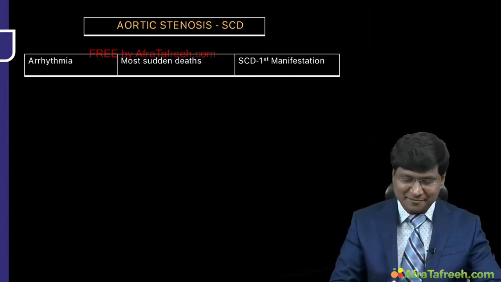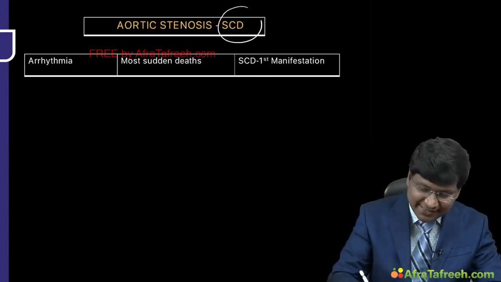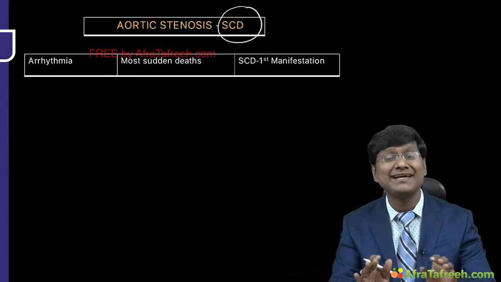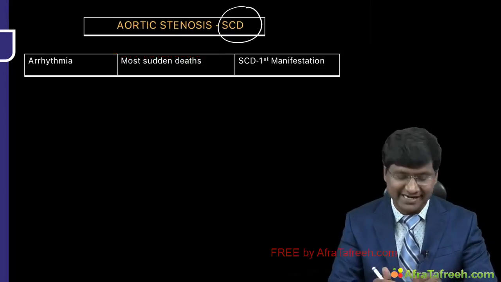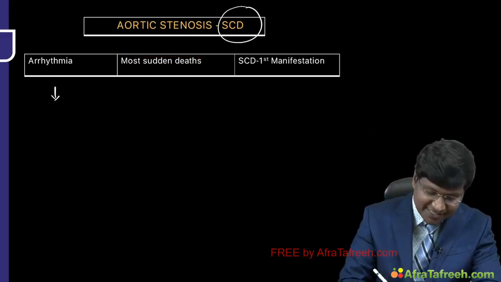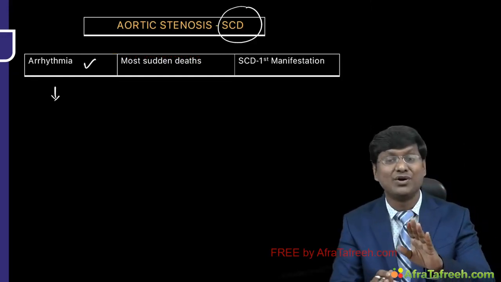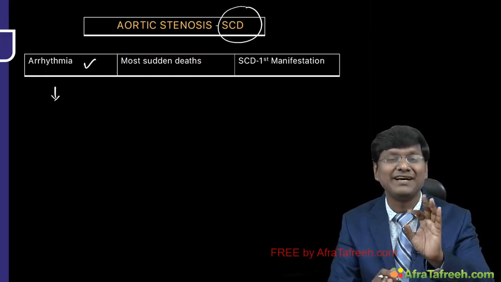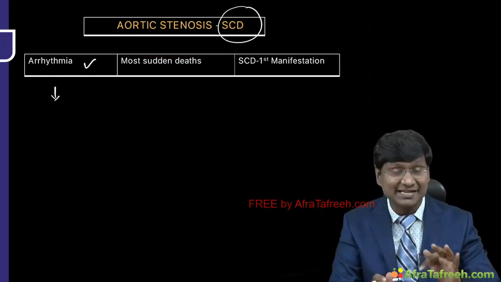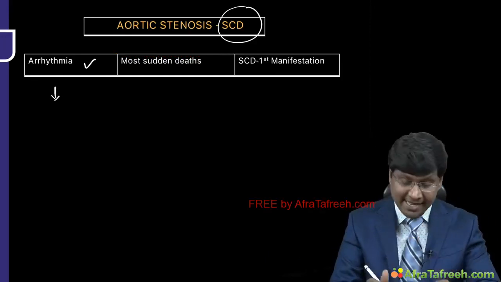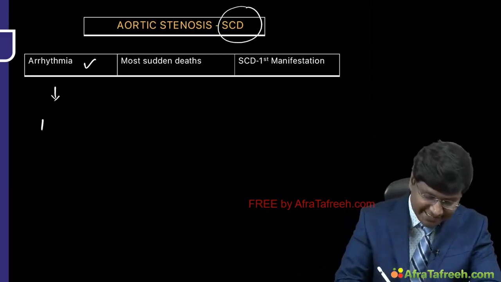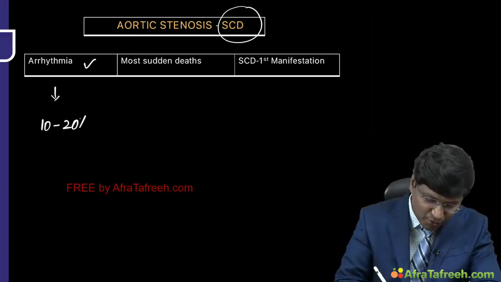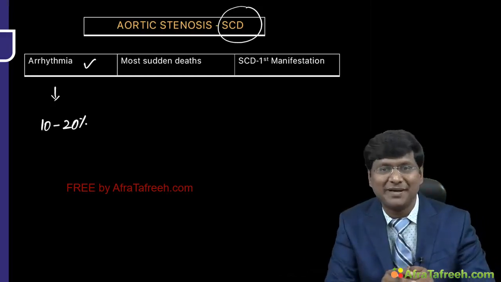But some of these patients with aortic stenosis can also undergo sudden cardiac death. What is the reason for this? The reason is mainly the development of arrhythmia. This arrhythmia causing sudden cardiac death occurs in almost 10 to 20% of patients.